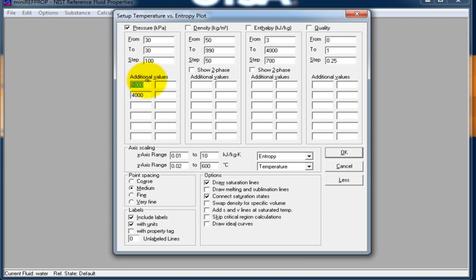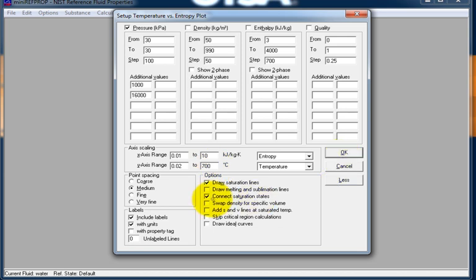And then I'm going to put it at 1,000 kilopascal. And what was my other one? It was 16,000, right? 16 megapascal. All these are pressures in kilopascal that I put. And then the entropy range looks good, 0 to 10. Temperature, 0 to 600. Maybe if I want it 0 to 700, I can do that.